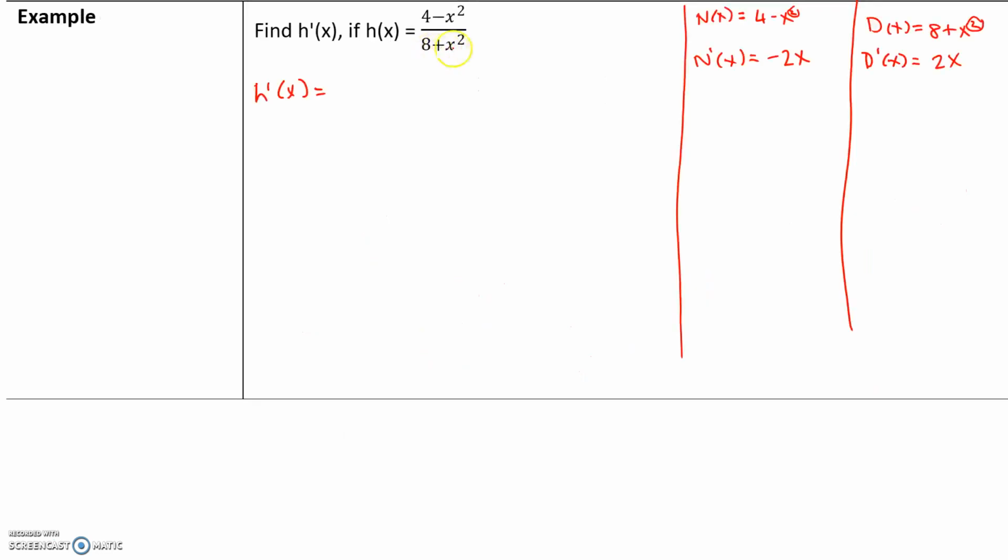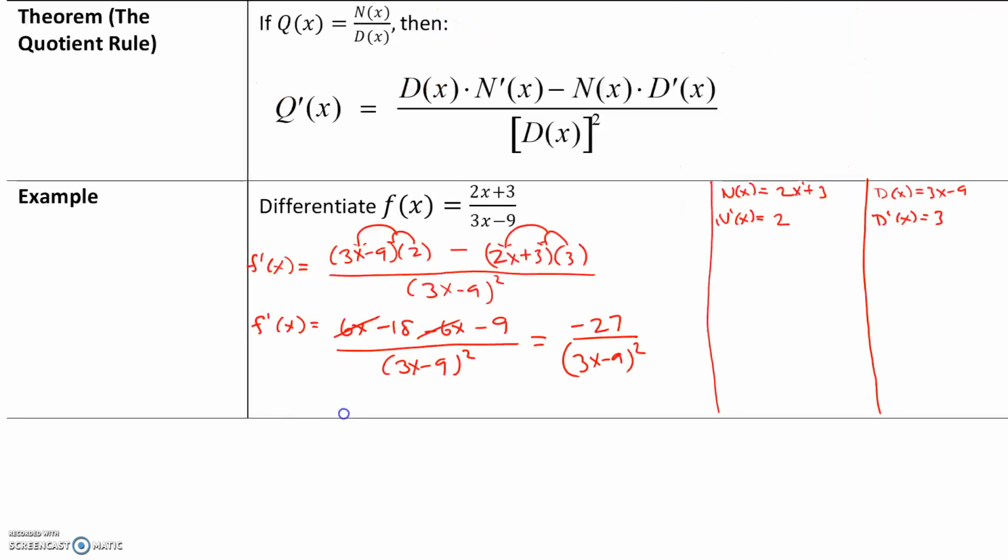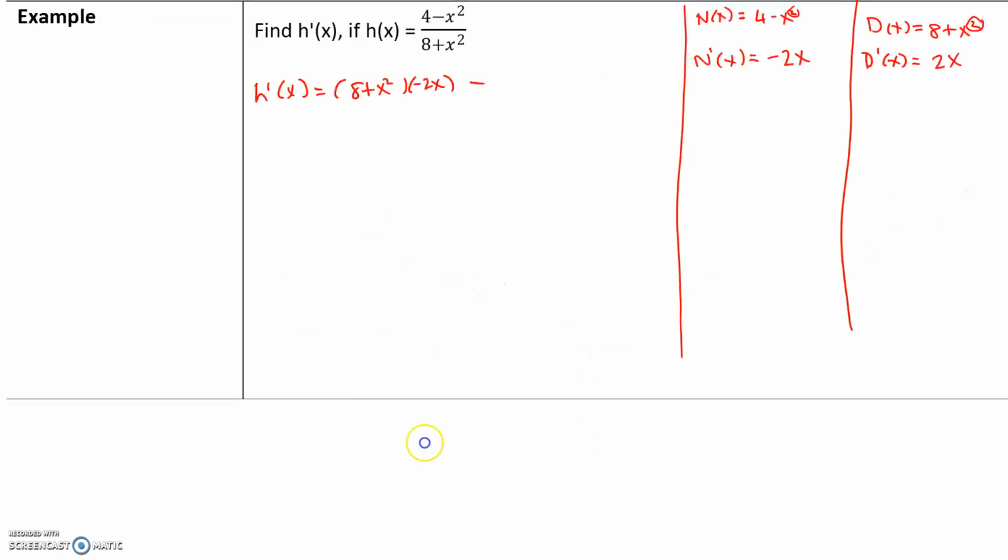We always start with the denominator, so that's going to be 8 plus x squared times the derivative of the numerator, which is a negative 2x, minus, now we have the numerator, so if you go back to the formula, it's n of x times d prime of x. So n of x is 4 minus x squared times d prime of x, which we said here is 2x. And we divide this all by 8 plus x squared to the second power.